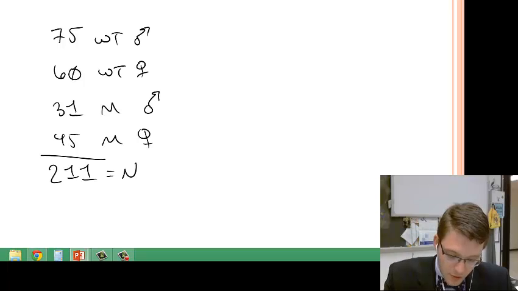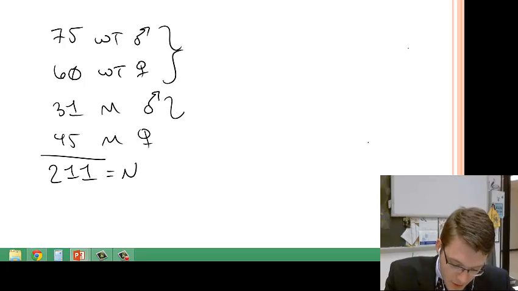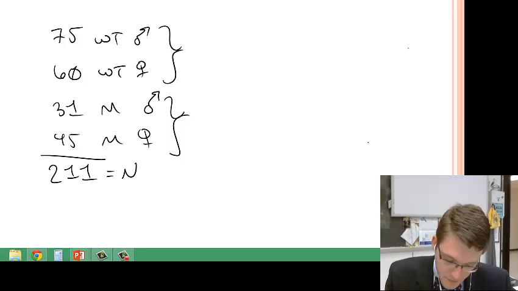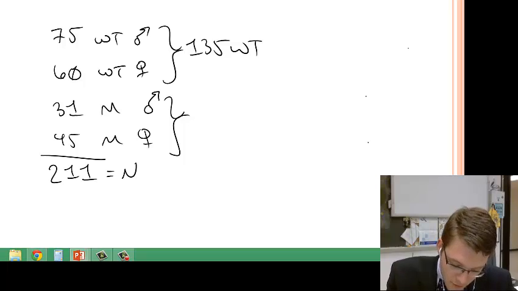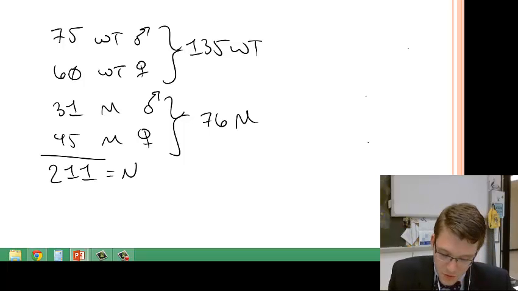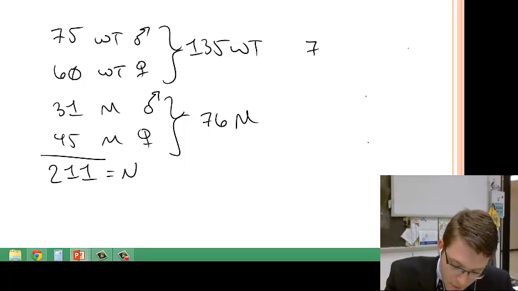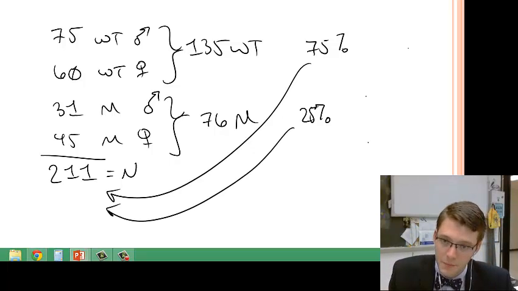To get the expected values of these different phenotypes, and remember, we can sum together the wild type and the mutant phenotypes, we get 75 plus 60, 135 wild type, and 31 plus 45 gives us 76 mutant individuals. To get our expected values, what we have to do is multiply 75% and 25% times 211.